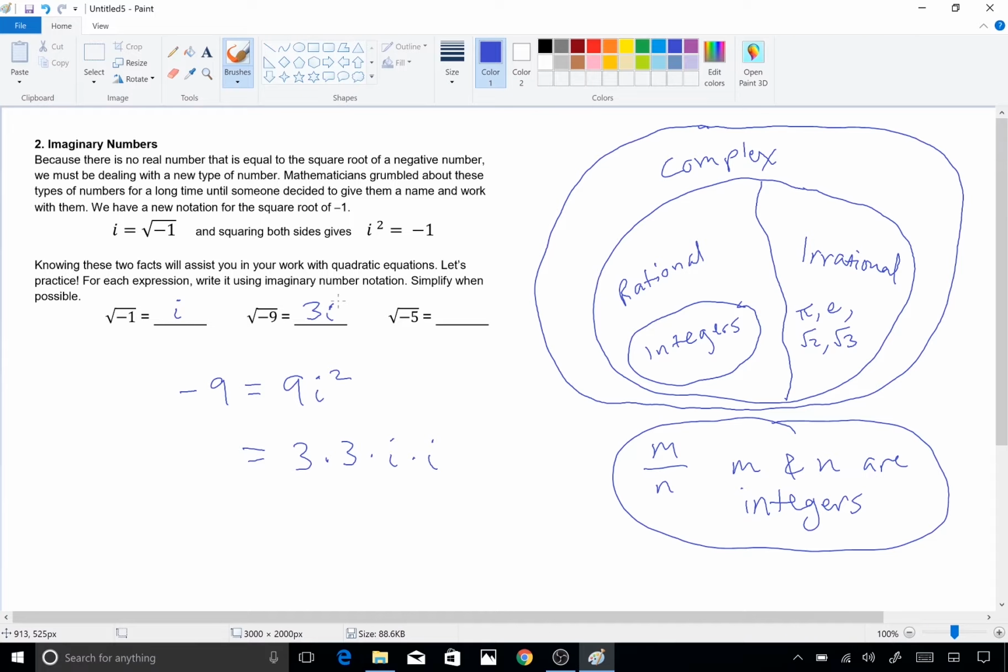Five is a prime. It doesn't factor, but -5 is 5 times i times i. The i can come out, and this is i square root 5.